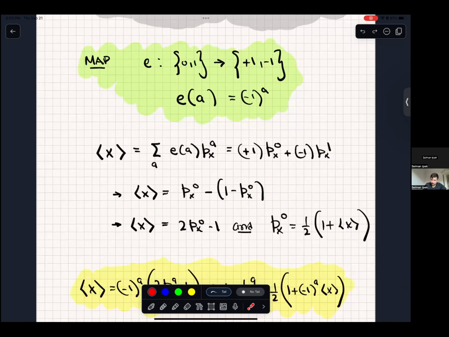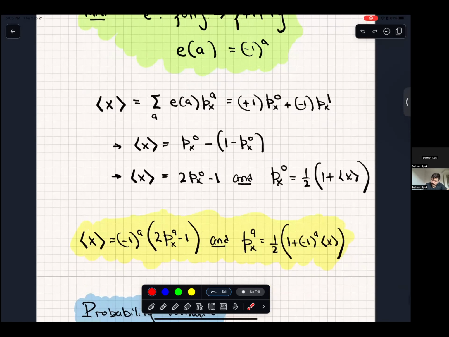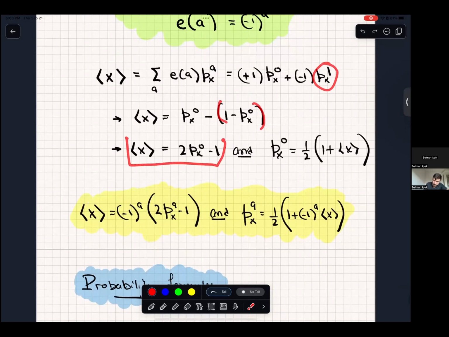So in our case, it's +1 times the probability of getting +1, which is the same as 0, and -1 times the probability of getting -1. Rearranging things a little bit, this expected value, which I write inside the brackets, can be written in terms of the probabilities, or vice versa.